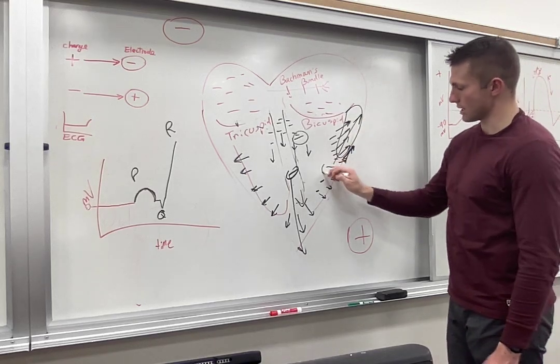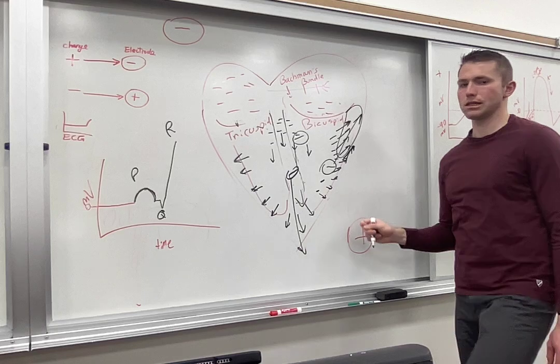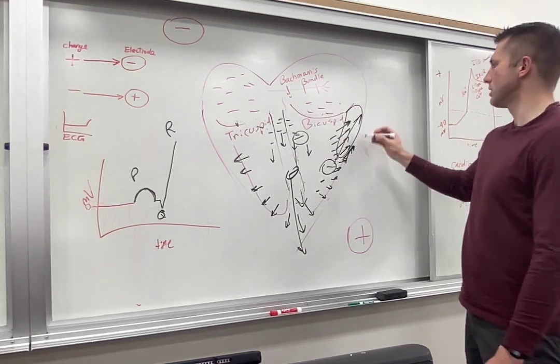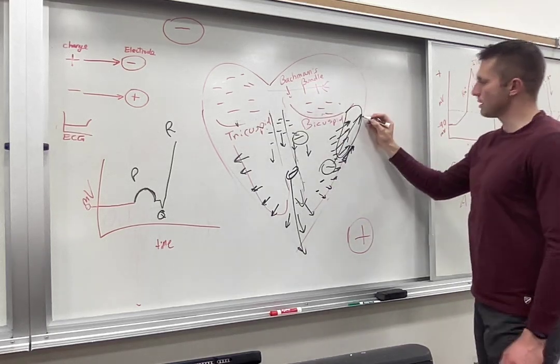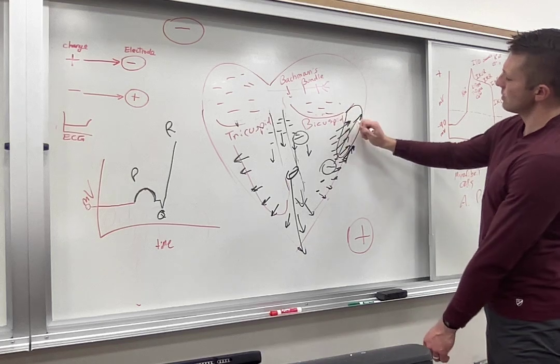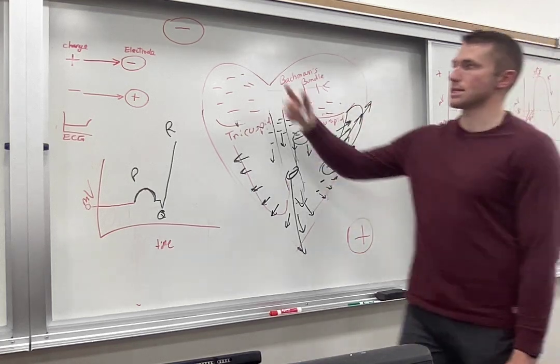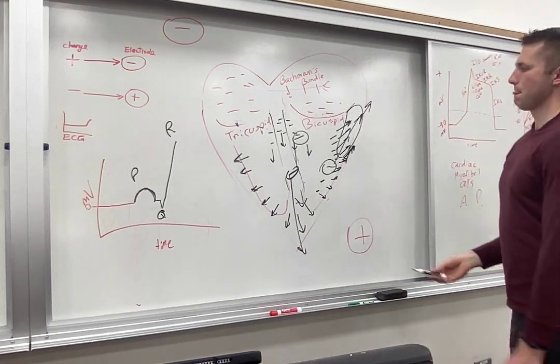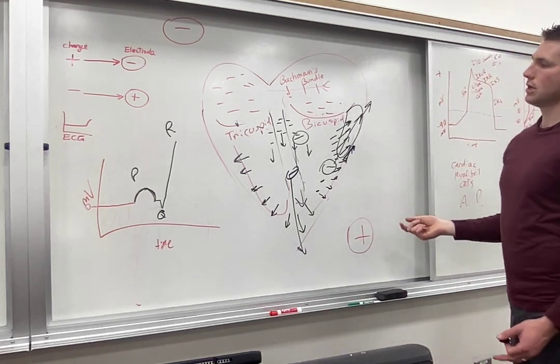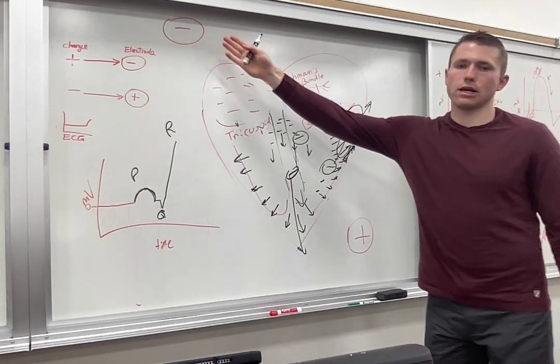And we know that it's got a negative tail because we're depolarizing things from our initial action potential. Well, is this pointing more towards this positive electrode or more towards this negative electrode? It's definitely pointing more towards this negative electrode.